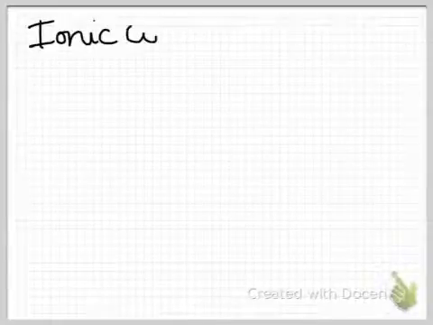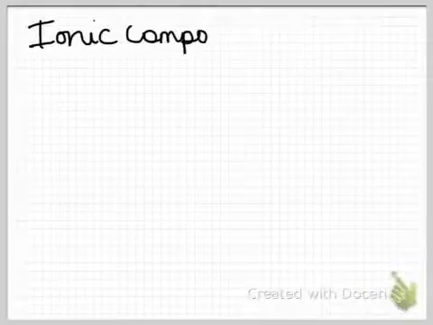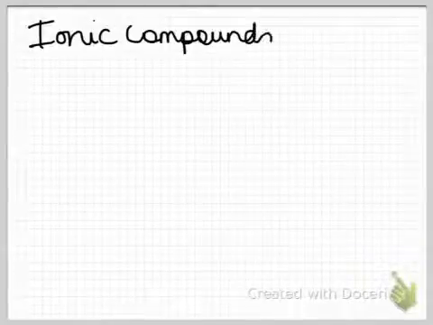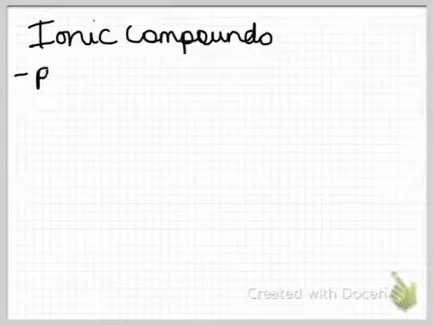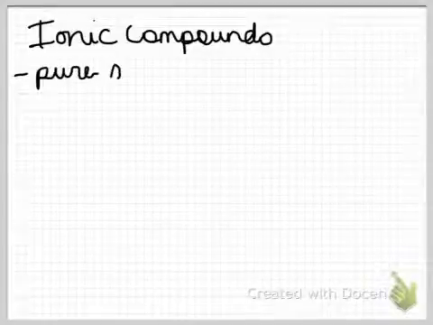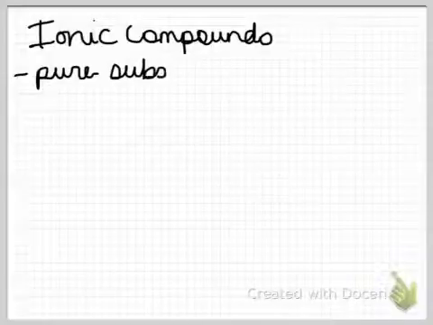So the first type, ionic compounds, are pure substances, right? Because they are compounds.